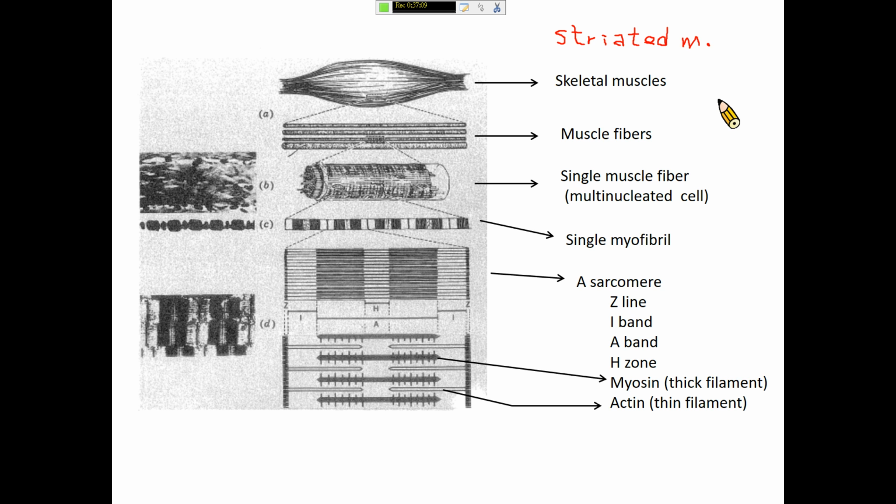I think we learned this kind of thing, not in as much detail as now, but we learned the names a long time ago. We know that skeletal muscles are also called striated muscle because of these striations. There's another name.